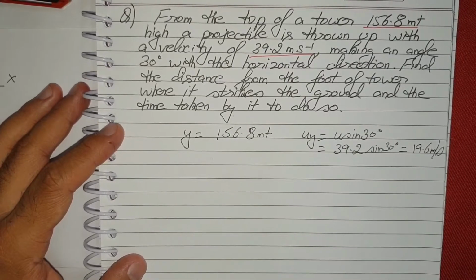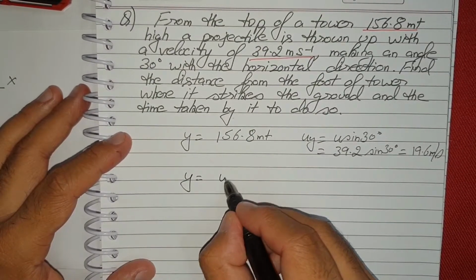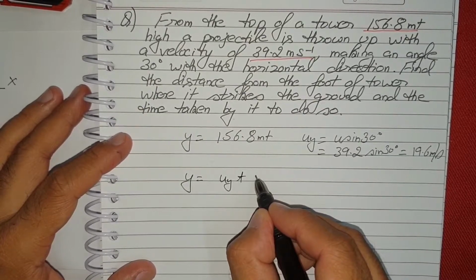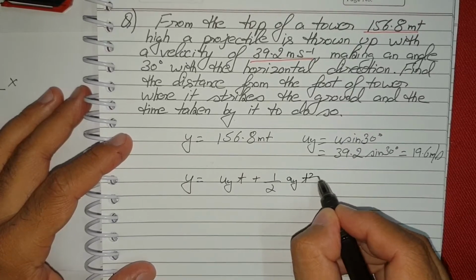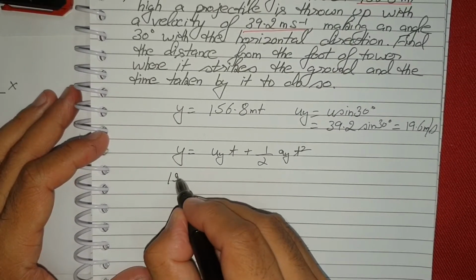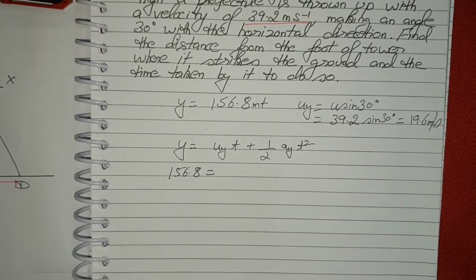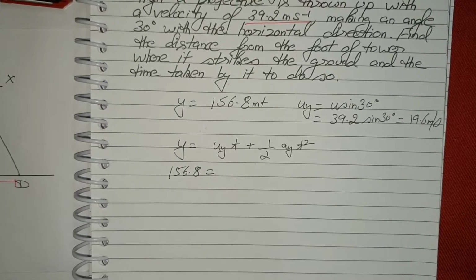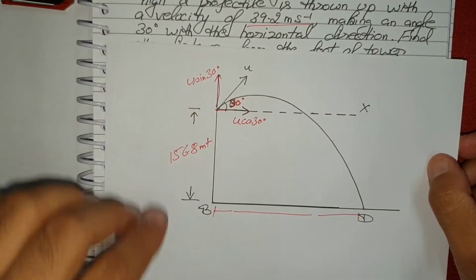Now the vertical motion, second equation of motion: y is equal to uy t plus half ay t square. You have to find the time. What is y? Y is 156.8. Now see, we have taken the downward direction as positive, but this velocity initially is in the upward direction.